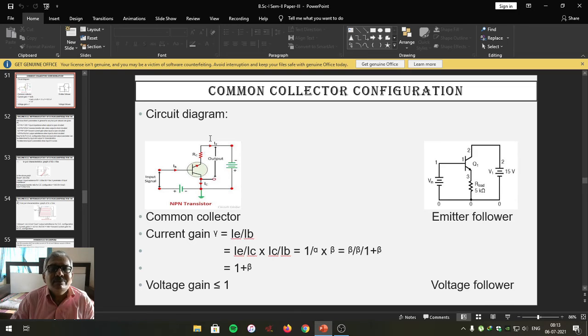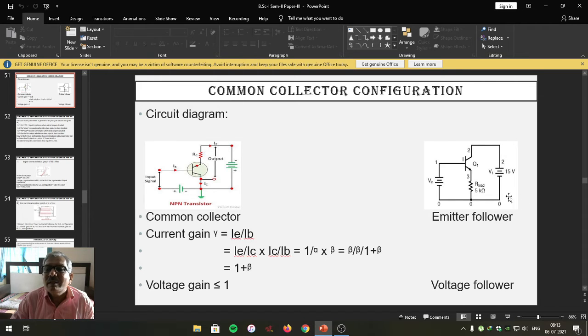This circuit can be redrawn like this. This is the common collector configuration circuit, and why it is called so, we have discussed just now. The same circuit is redrawn like this.